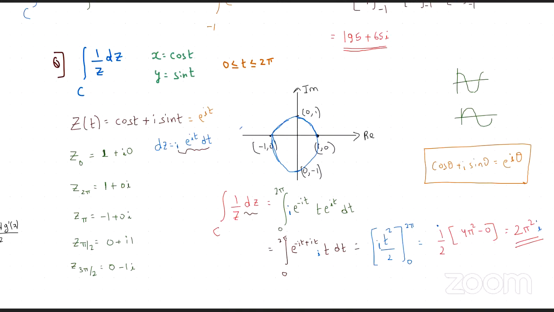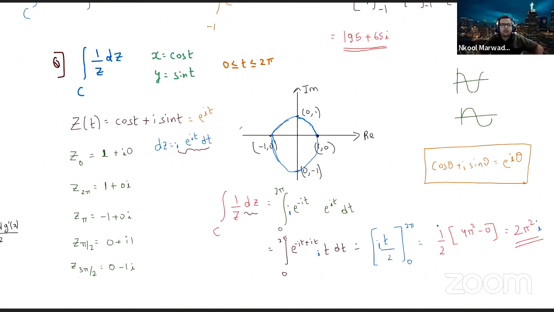Why? Just recall e to the power of ax. The differentiation of it is a e to the power of ax, because when you differentiate ax, x becomes 1. How do you differentiate e to the power of ax?